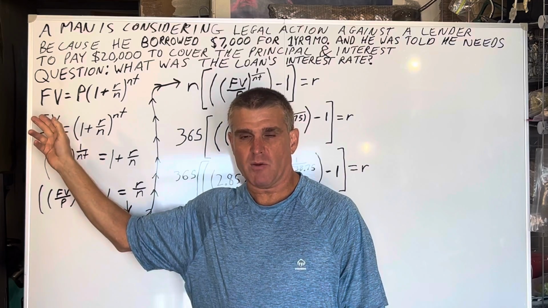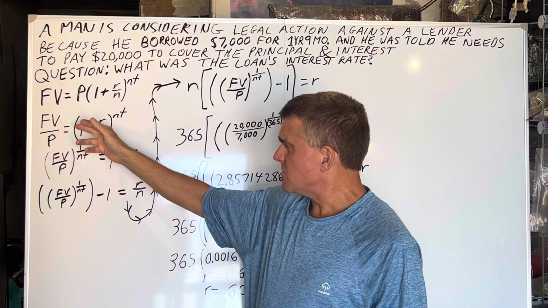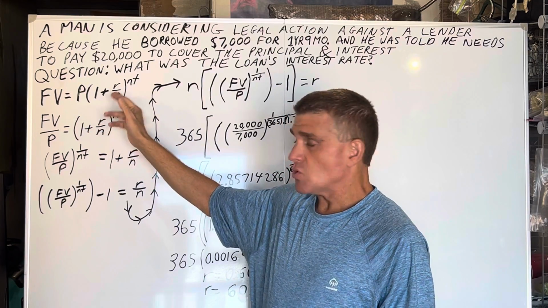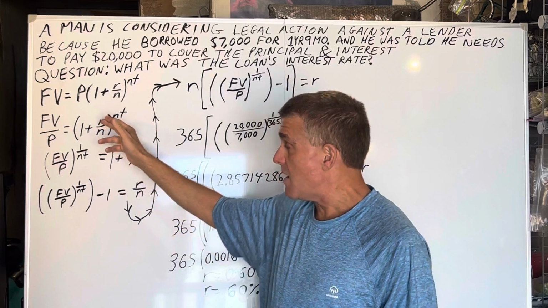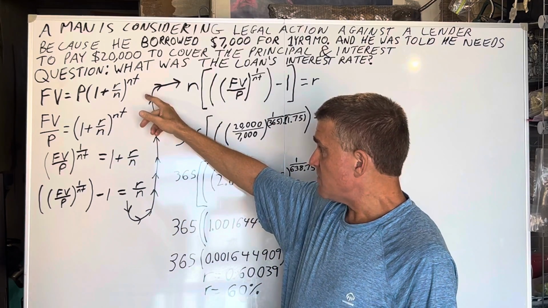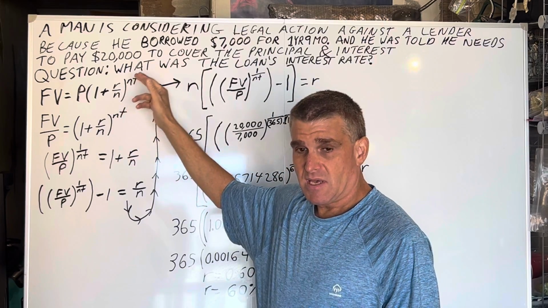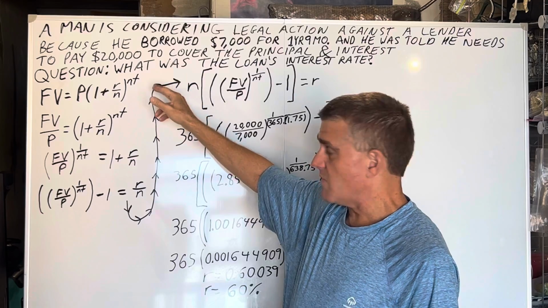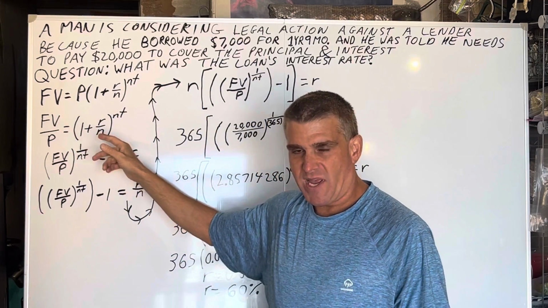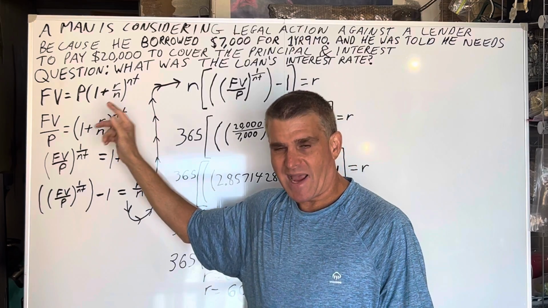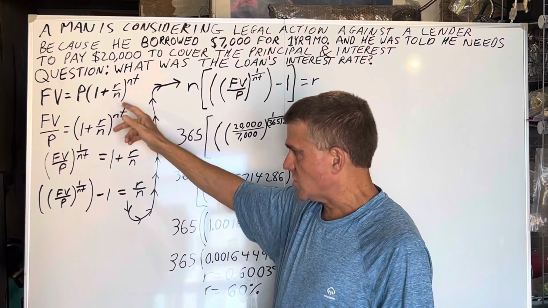We're working with the formula we've been working with before, the future value of money, which equals the principal times 1 plus the interest rate divided by the number of times the interest compounds each year, to the exponent of the number of times the interest compounds each year times the number of years that the loan is for. So we're going to manipulate this equation so we can isolate the unknown variable, which is R, the interest rate.